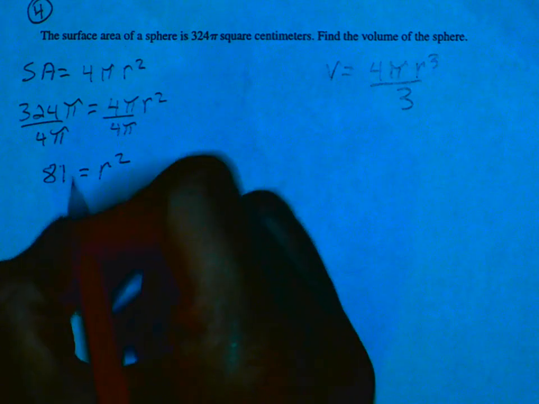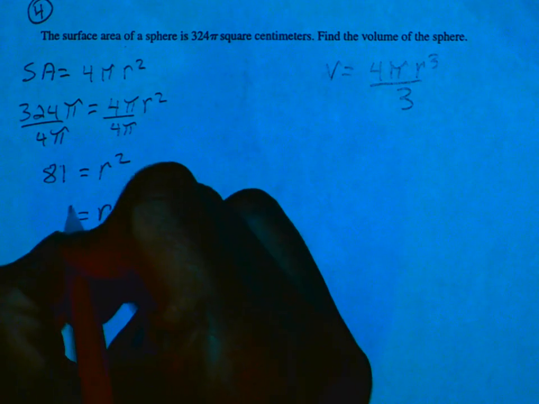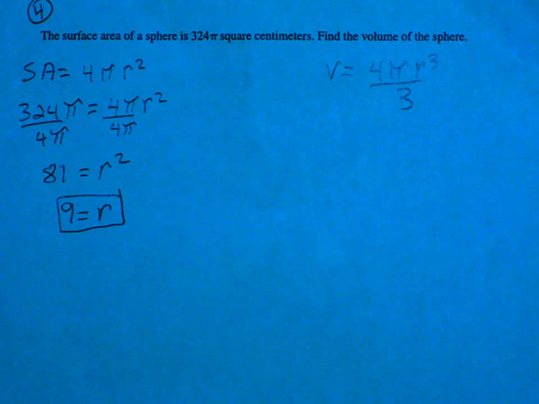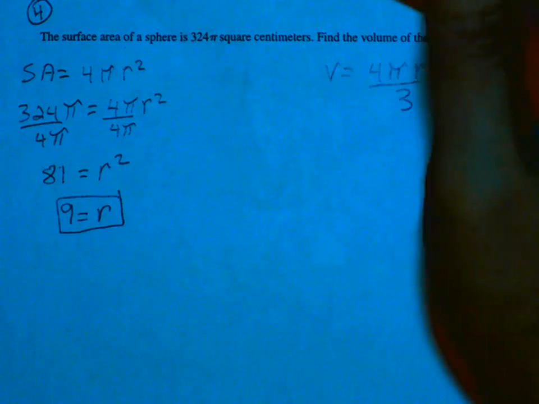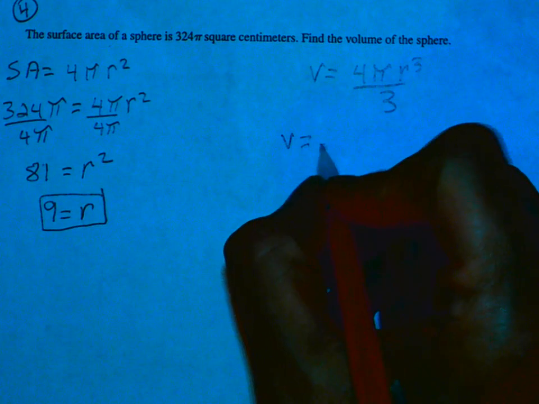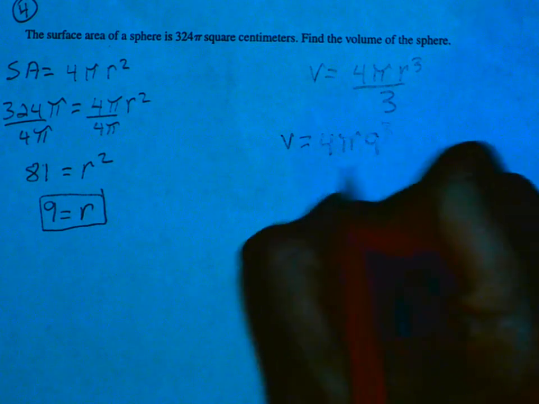After this, take the square root of both sides, and you're going to get r is equal to 9. Now, I'm going to need that 9 because now I'm going to place it over here in this equation. So the volume is equal to 4 pi 9 to the third over 3.